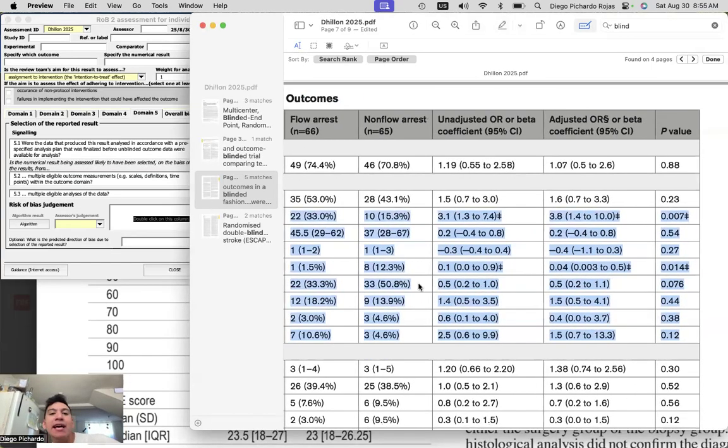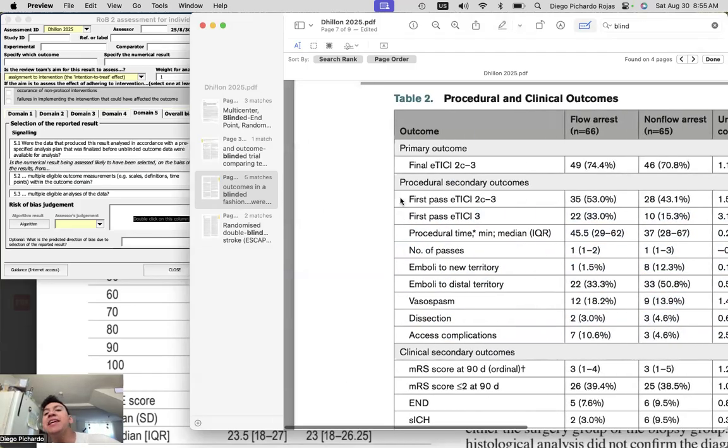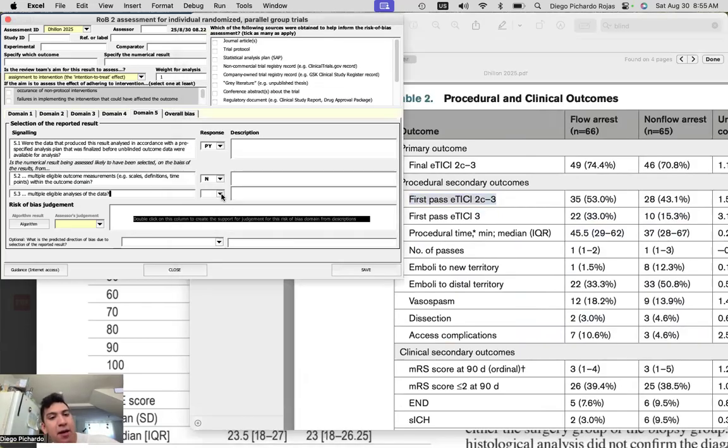It's not like one was good and now I'm going to hide all of the other data because it was pretty bad. That didn't happen. So for multiple eligible analyses, we're going to put no. I'm going to put low because they did follow a specific plan.